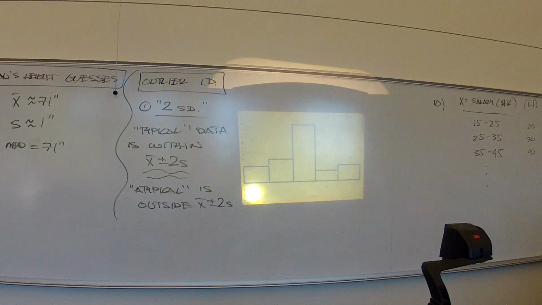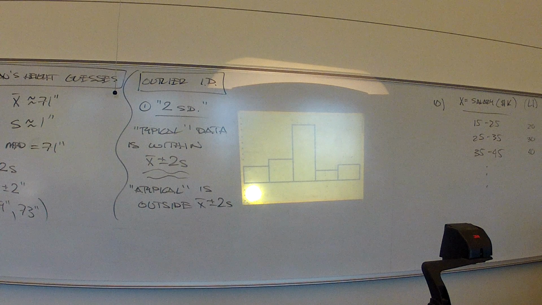So x bar plus or minus 2 standard deviations gives us the range of values. Well, x bar is 71. s is 1 inch. So this is going to be 71 inches plus or minus 2 inches, which will drop us down to 69 inches and up to 73 inches. So essentially, what that tells us is, as long as you're guessing between 69 and 73 inches, you're considered a typical data response.